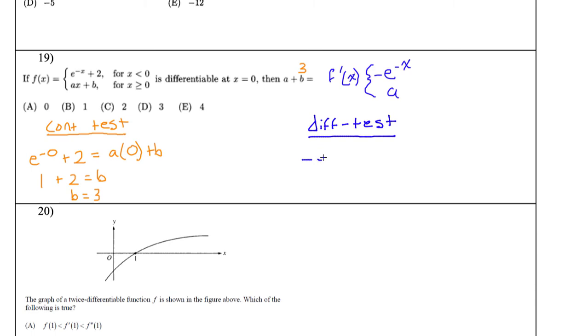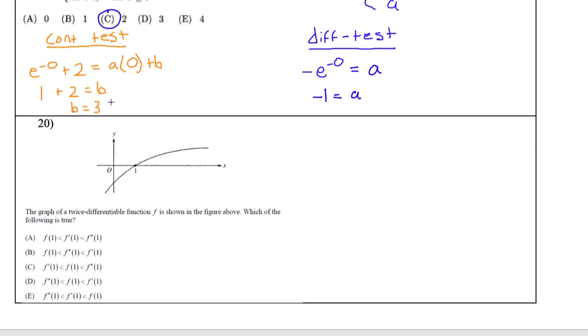So negative e to the negative 0 is equal to a. There's no x to plug into; you can only plug in for x, not other random variables. Anything to the power of 0 is 1, but now it's negative 1, so negative 1 is equal to a. Again, I just need to add a and b. Negative 1 plus 3 is 2.